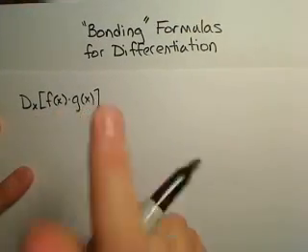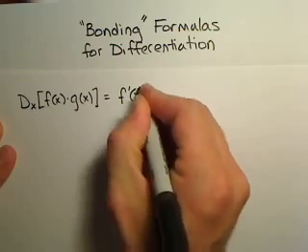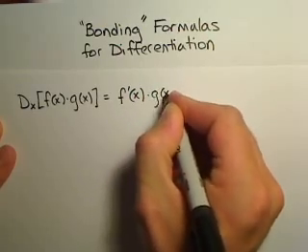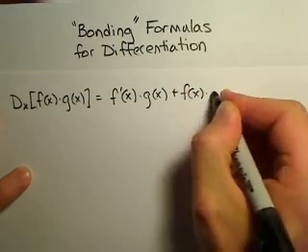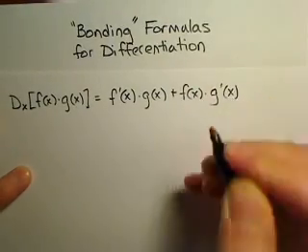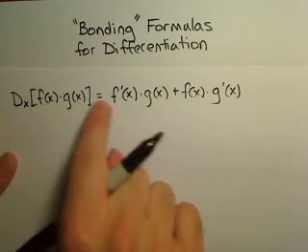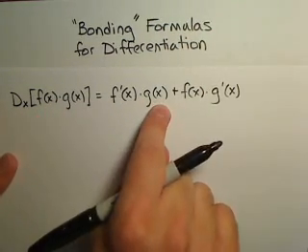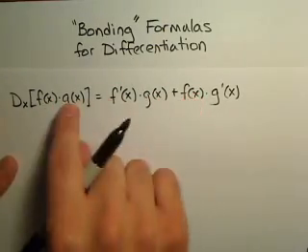The derivative of f times g ought to be the derivative of one times the other plus the other way around. Everyone gets a derivative one at a time. f gets a derivative turn, with g of x coming along, plus f doesn't get a derivative, but the g does.